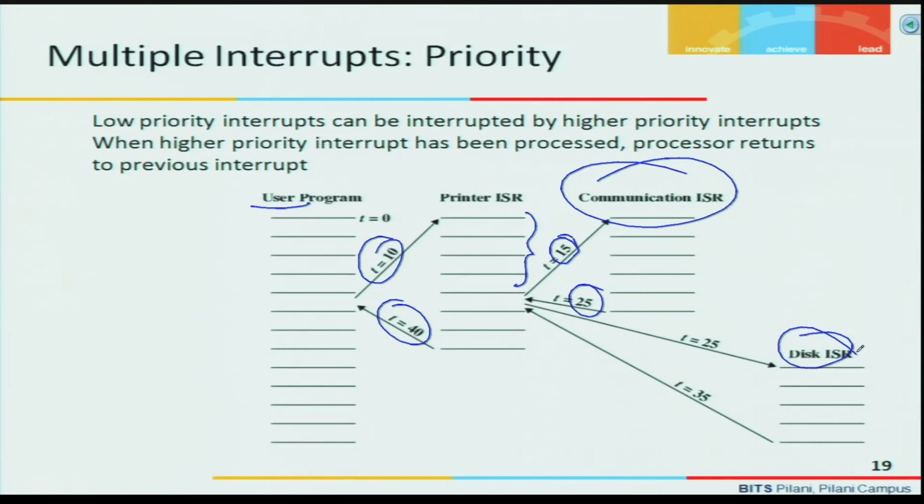So the disk also has higher priority than the printer. That's why at t equals 25 the disk interrupt is serviced, and after finishing these two interrupts, the printer interrupt is completed, and then the processor returns to the user program. So low priority interrupts can be interrupted by higher priority interrupts.